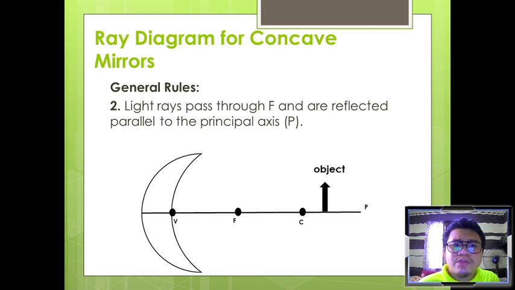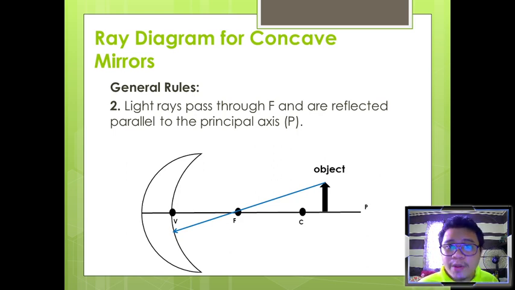So we will just draw a straight line passing through the focus from the tip of your arrow or the object in this case and let it strike the mirror. Now, what happens when it strikes the mirror passing through the focus?